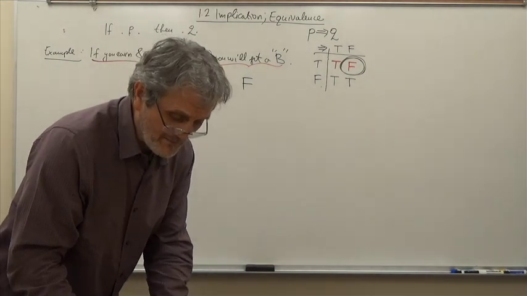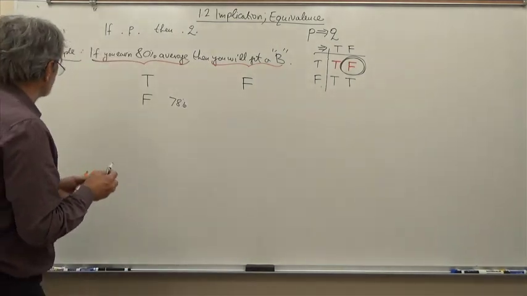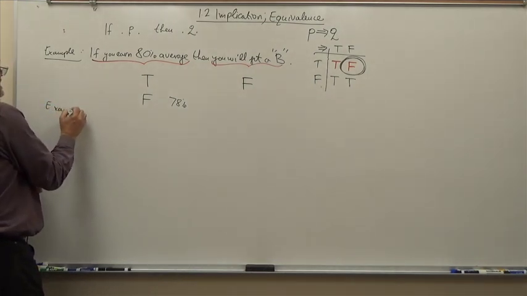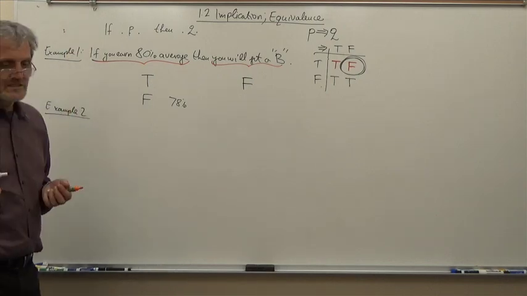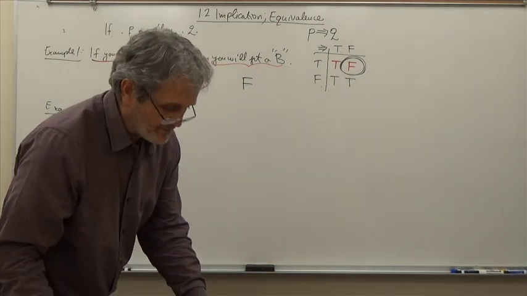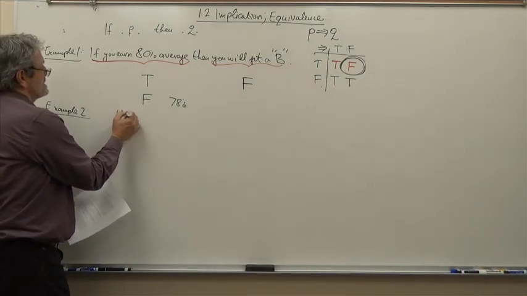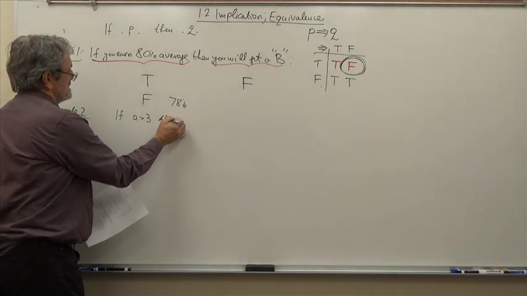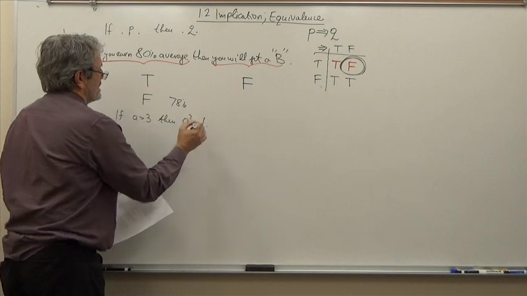Something closer to mathematical examples, let's say the following, example 2. Still I'm trying to sell this decision as being correct. I cannot prove this, but I want you to develop an intuition where you really trust this. I hope that you agree with the following: if A is greater than 3, then A squared is greater than 1.